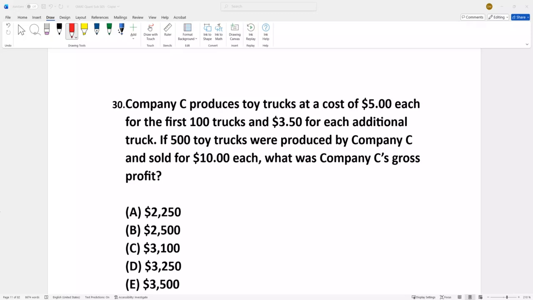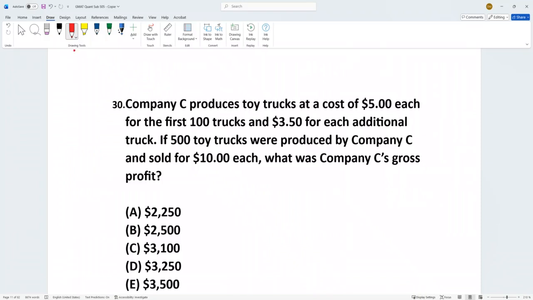And yeah, it says the company C produces toy trucks at a cost of $5 each for the first 100 trucks.